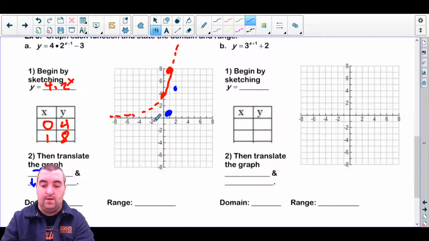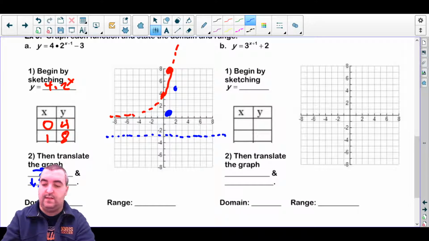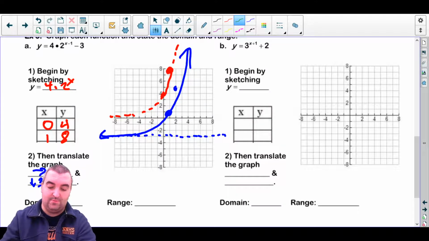Moving it right or left doesn't do anything, but down 3 sure does, so I'll have a horizontal asymptote down here at -3, and then I can connect my graph in the same fashion, trying to get through the points, but my computer's going super slow. So, alright, you can see I translated it, right 1, down 3, it's the graph in blue.